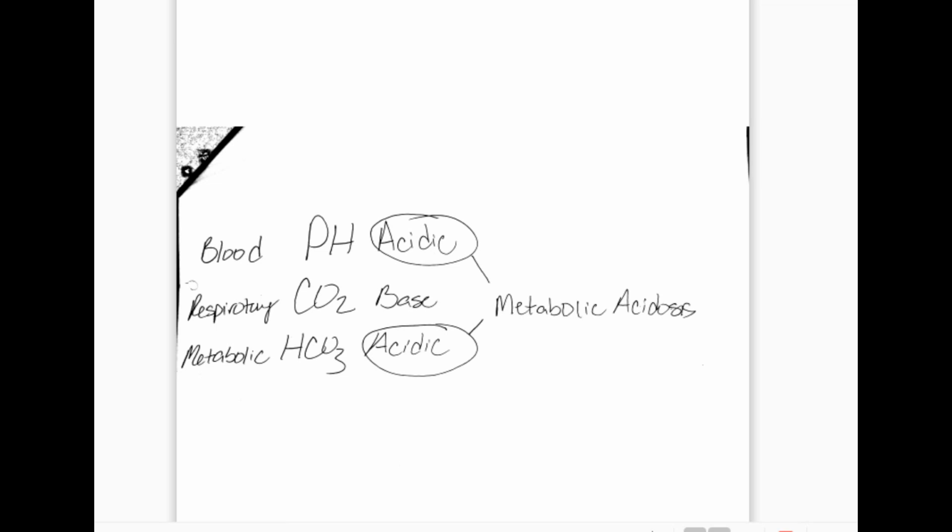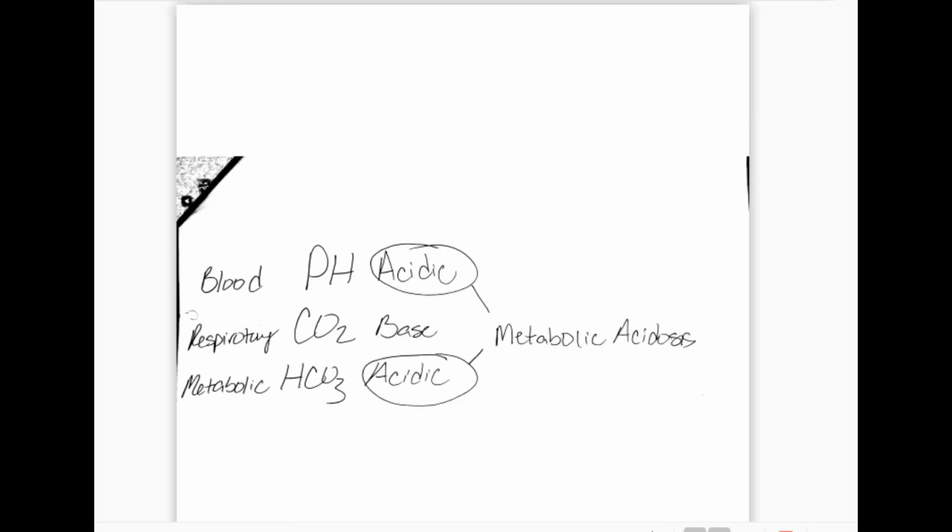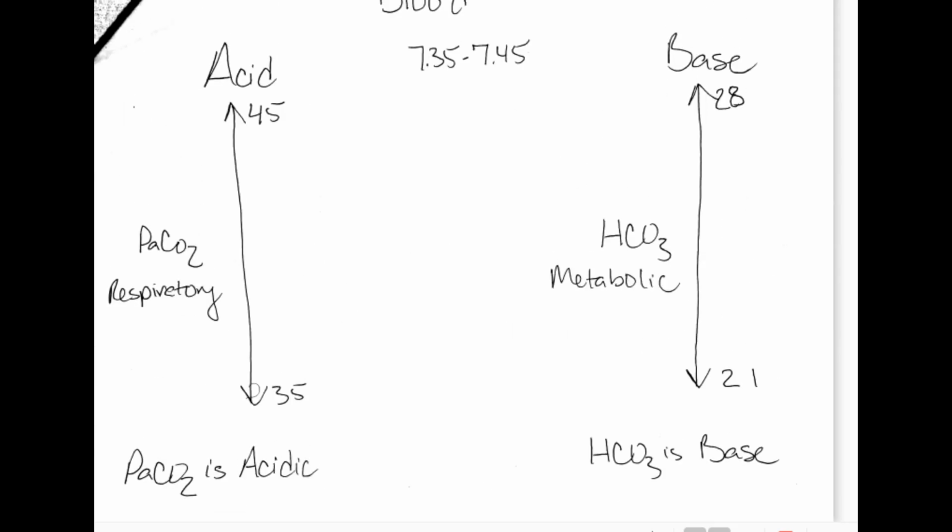So now you go from your CO2 to your bicarbonate. You look at those two. Now we have to figure out, is my CO2 causing it? I've determined in this example, it's base. So we know that according to my chart, the further you get away from 45, the more base you become.